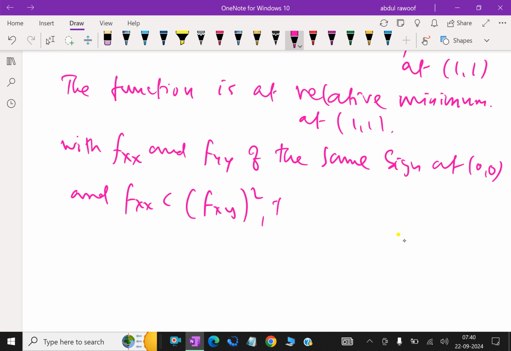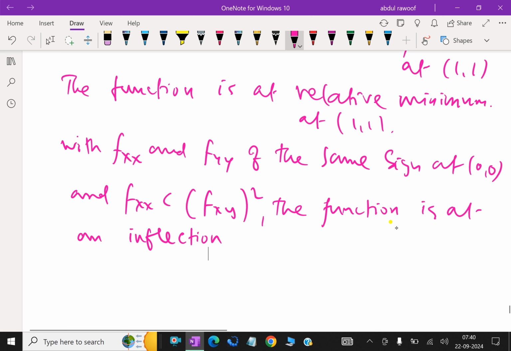Therefore the function is at an inflection point at (0, 0). These are the conditions we satisfy.